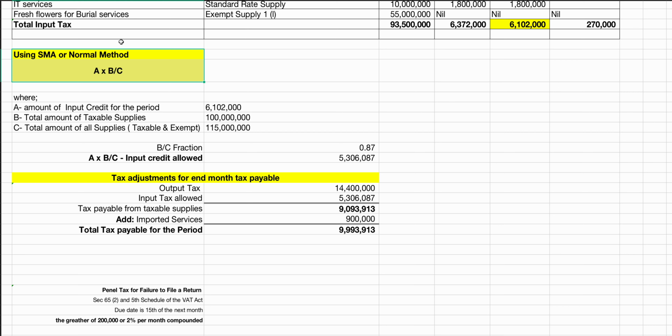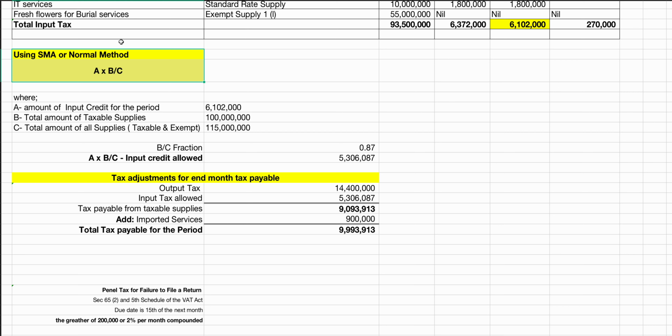A stands for the amount of input credit for the period, that is the total input credit you have for the period. B stands for the total taxable supplies. By taxable supplies, I mean standard rated sales at 18% and zero rated sales at 0%, for example, exports. And then C is the total amount of supplies, that is both taxable and exempt.